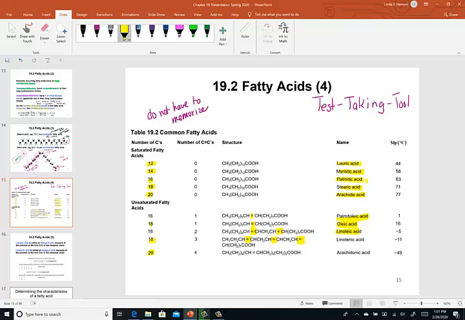And 20 carbons with a double bond right there, you have arachidonic acid. These are fun to say. As I said, I'm not making you memorize, but the more you hear them, the more you'll recognize those as fatty acid names and know then to pull out your tool chart to be able to write them.